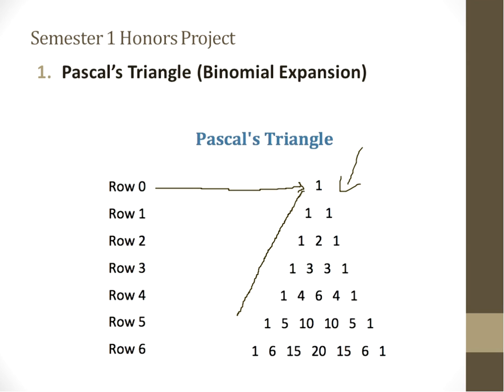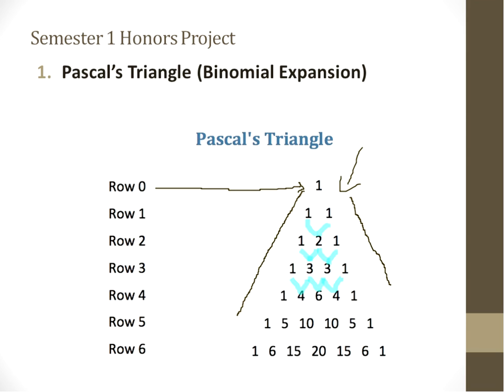So you'll notice everything on the outside of the triangle is a 1, always a 1. And then if you'll look right here, let me change to my highlighter real quick. You'll see that 1 plus 1 is 2, 1 plus 2 is 3, 2 plus 1 is 3 as well.